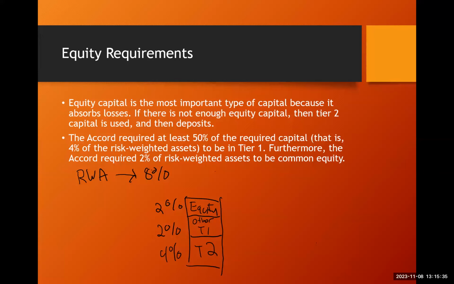Half of that capital has to be tier 1. And half of the tier 1 capital has to be common equity. That's pretty much all of Basel 1. Question here.